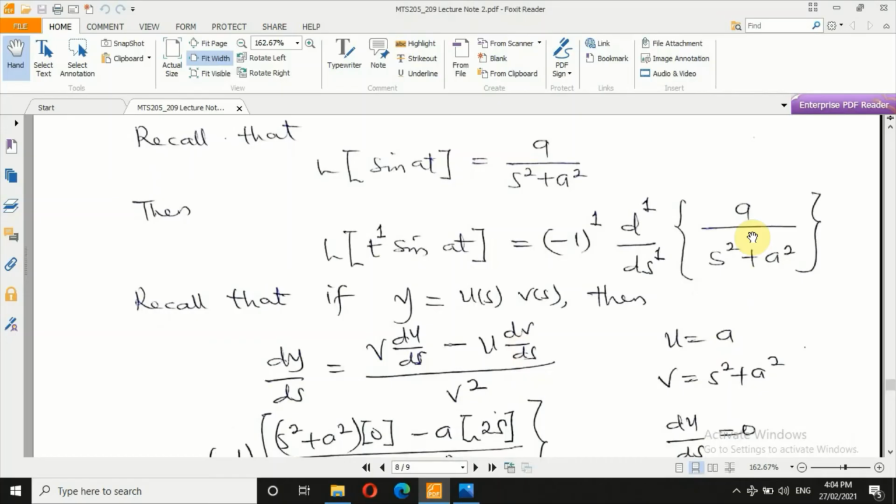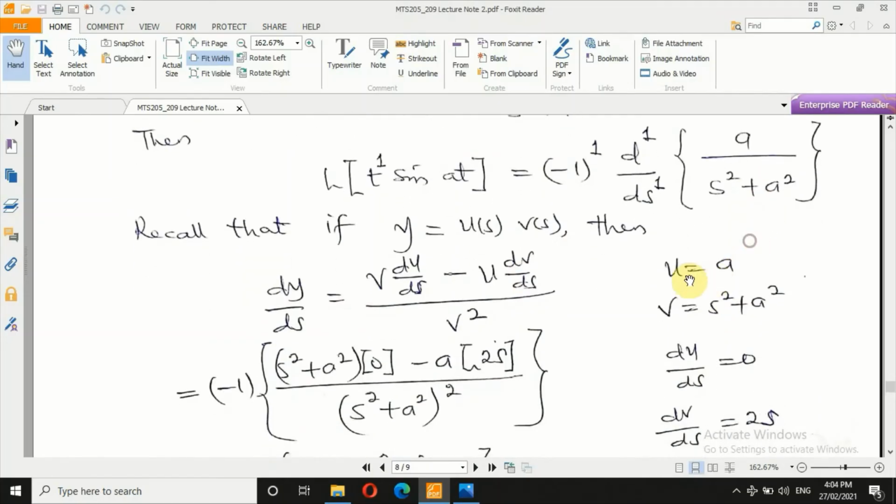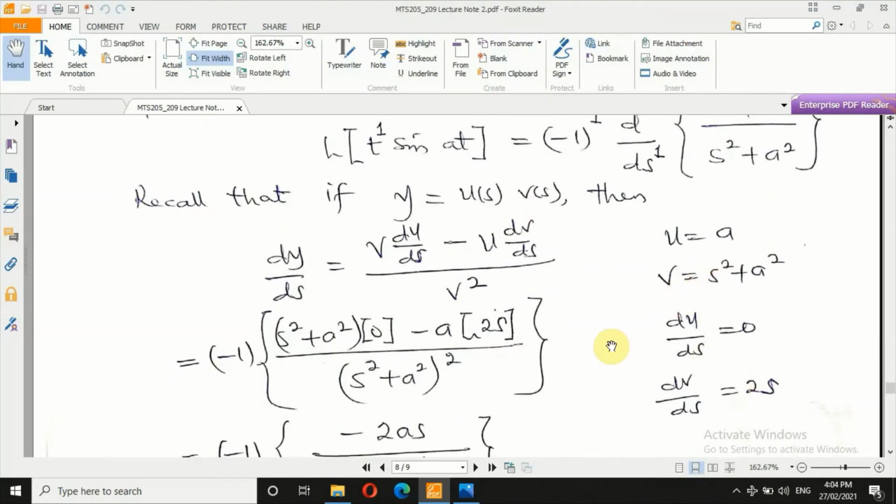From here, my u is a and my v is s squared plus a squared. So what is du ds? du ds is 0, because this is a, not s. Now what is dv ds? dv ds is 2s. So let's take it back to that formula. Minus 1 raised to power 1 will give you minus 1. So this is now v du ds minus u dv ds, over v squared.